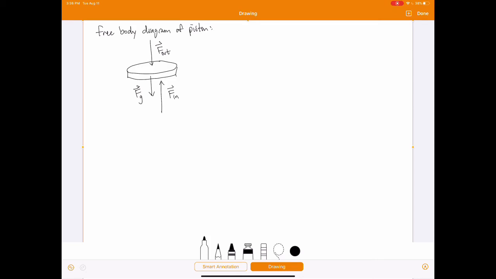But the thing is, the piston is not moving. It's stationary, which tells us that the acceleration is equal to 0. So if we now apply Newton's second law, which is F equals ma, and specifically let's look at the y direction, the vertical direction. We'll see that the net force in the y direction is m times acceleration in the y direction.